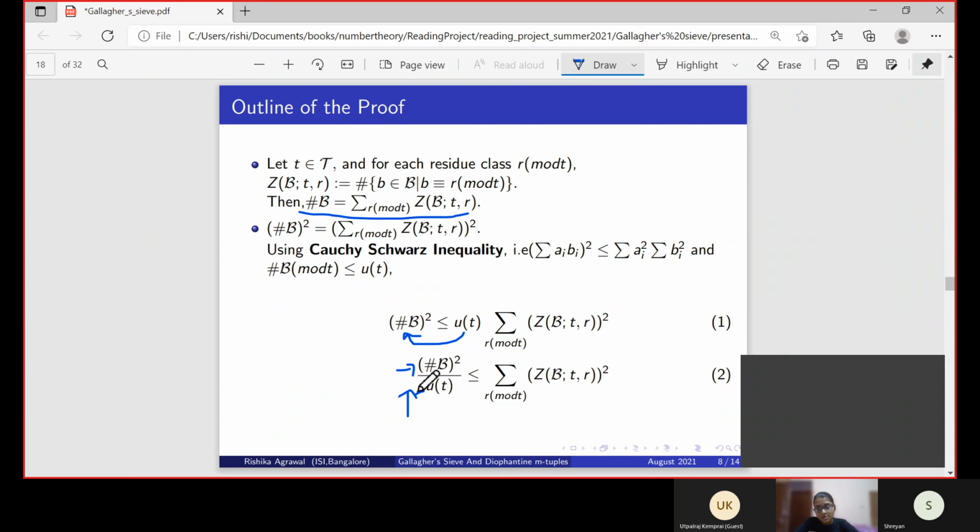So using U of T, we want to estimate the size of B. What we want to remove from this equation is the right-hand side, that is, the summation over R mod T of Z(B, T, R) whole squared. So next we'll try to estimate this thing on the right side, that is, the summation over R mod T of Z(B, T, R) whole squared.